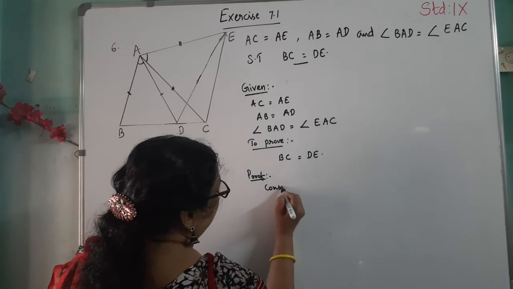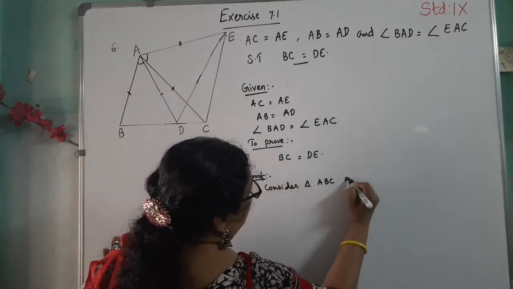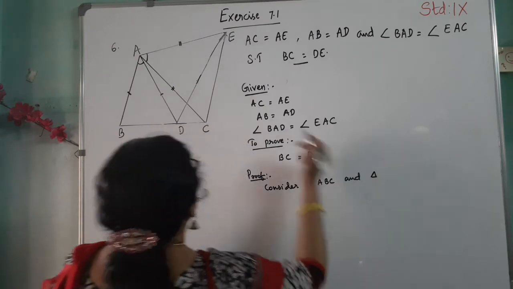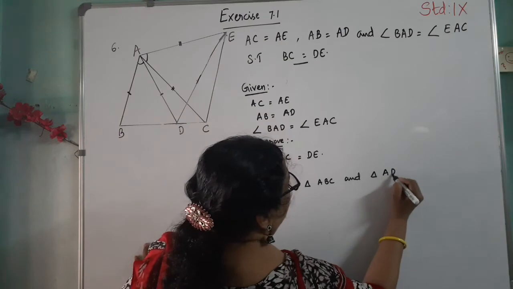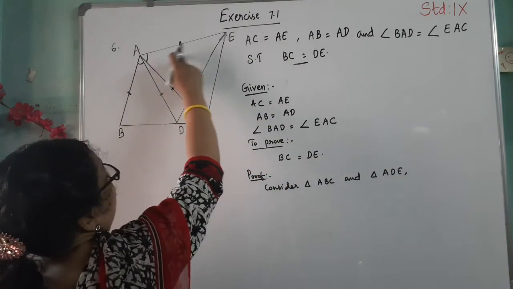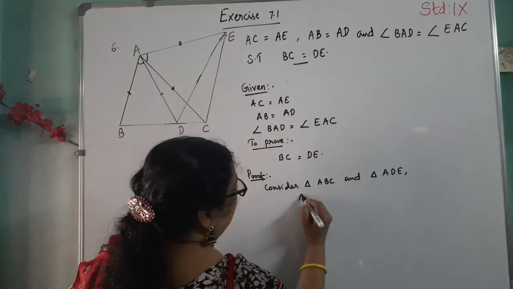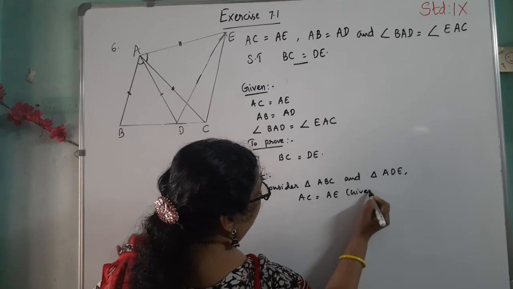Then consider triangle ABC and triangle ADE. Here AC equal to AE, it is given.